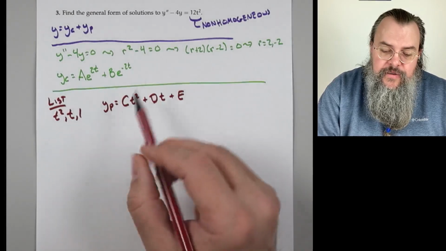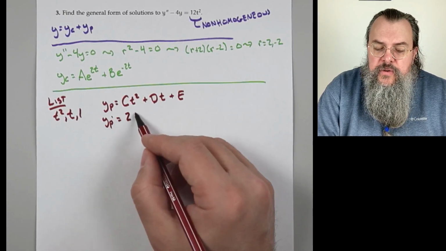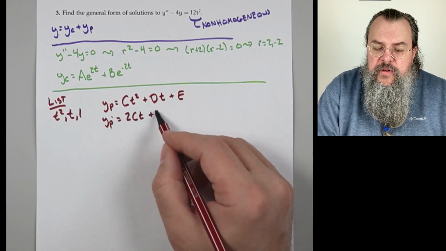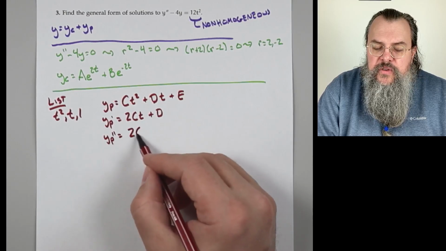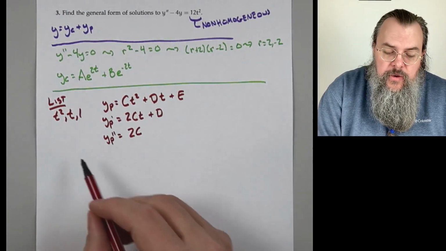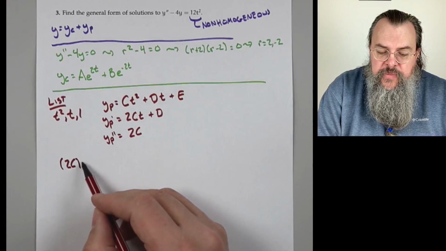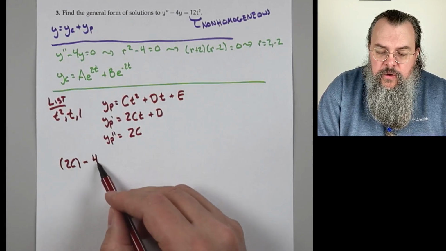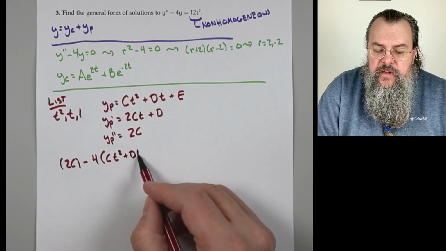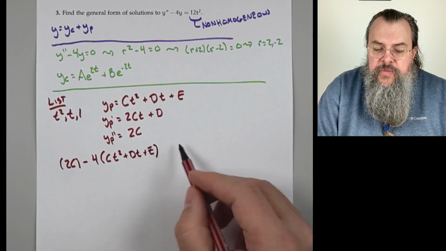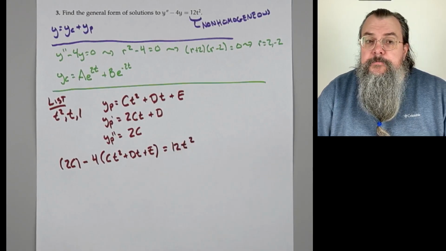Well, we see a second derivative, so let's compute that. Yp prime is 2ct plus d, yp double prime is 2c. So we have 2c minus 4 times (c t squared plus d times t plus e) is equal to 12t squared.